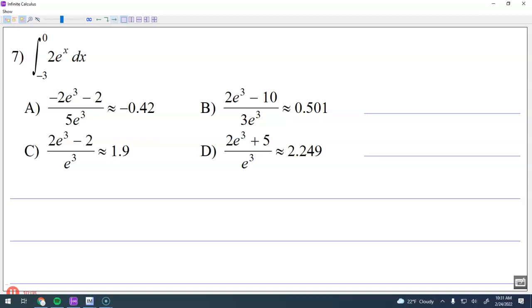It's not u substitution, because you don't have a big N. If you want to say the big N is e, that's fine. The little guy is x, but then what's the derivative of x? It's 1. So if the derivative of the little guy is 1, it's not really a little guy, because the 1 is not going to change it. If it was e to the 2x, now your 2x has a derivative, so now you've got to worry about it. I'm saying you don't need u substitution.